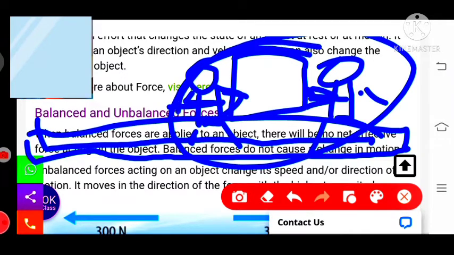Because of that, the state of the box will not change, and this is called balanced force.